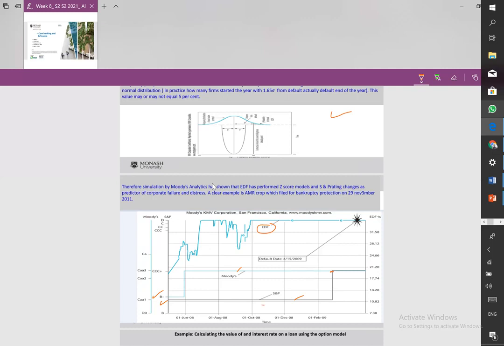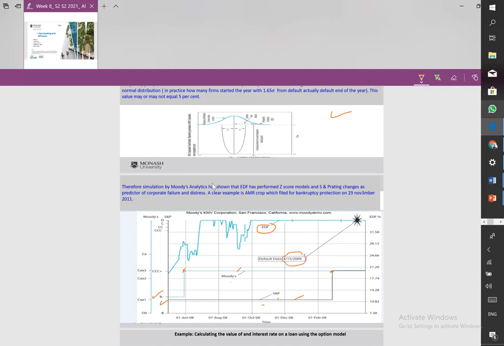But all this time it was considered B. Moody's were more conservative, and they took it here on 1 January 2008 and downgraded it to C, and they continued with C until it defaulted. The EDF was more accurate than the methodology of Moody's and Standard and Poor's. And look, it defaulted on 15 April 2009.